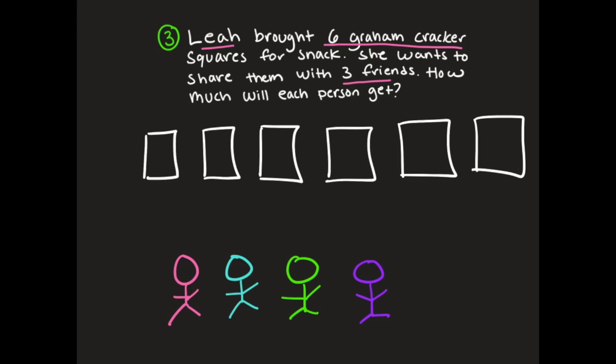So the first thing I'm going to do is go ahead and give each person 1 graham cracker. So here's 1, here's 2, here's 3, and then here's 4. So now I have 2 left over, but I have 4 people. So what I'm going to do is split my graham crackers into 4ths. Why? Because I have 4 people.